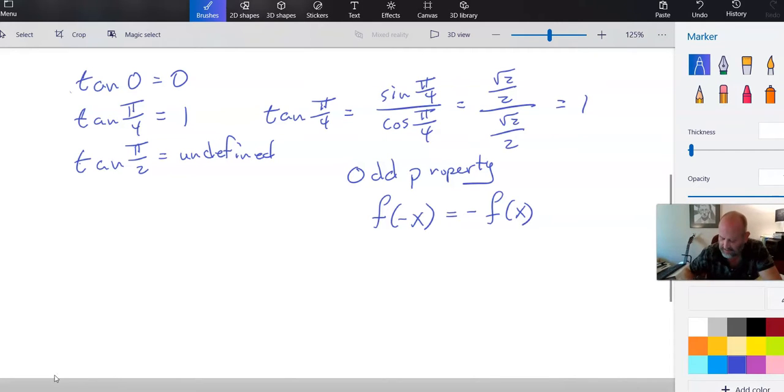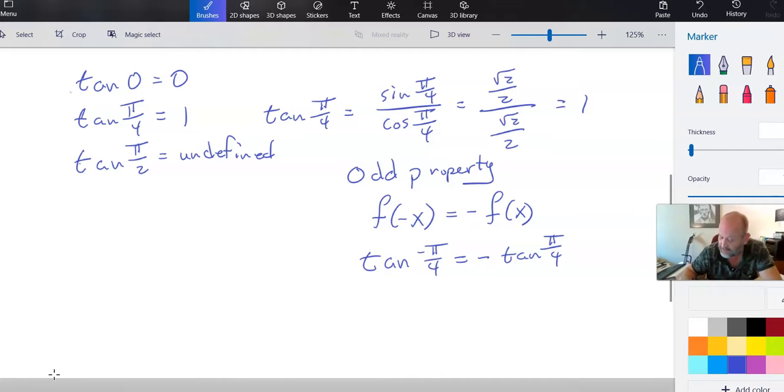And this doesn't look like too much here, but how that ends up playing out with tangent is that if I want tangent of negative pi over 4, what that tells me is I can pull the negative out. This is the same thing as the negative of tangent pi over 4. So I can pull the negative through the function. And it doesn't work like that with every function, but it does work like that with sine, and it works like that with tangent.